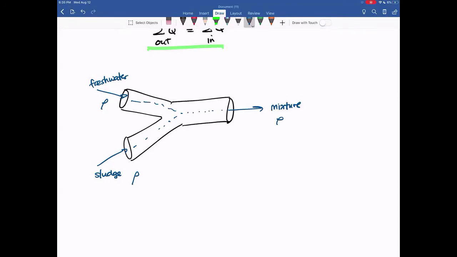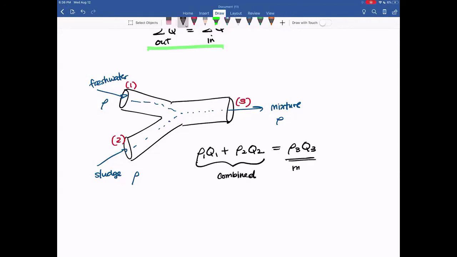It's not going to be conserved. It will absolutely change. So in this particular scenario, let's say this is 1, this is 2, and this is 3, then you would have rho 1 Q1 plus rho 2 Q2 is equal to rho 3 Q3, right? Does that make sense? These two together have combined to create this mixture, okay? So these are your ins and this is your out.